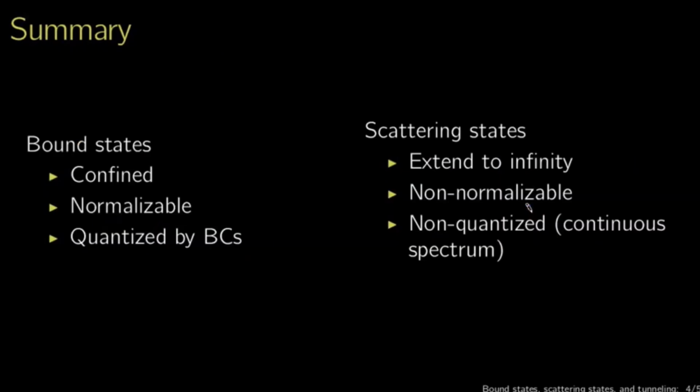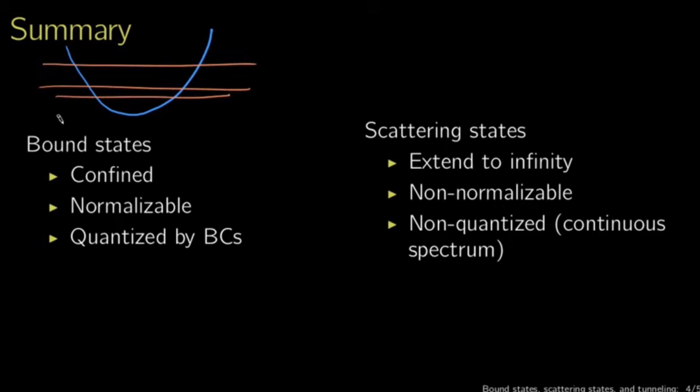But just briefly to summarize those two sorts of states, for potentials that look something like this, like the harmonic oscillator potential, we have energy levels that result in states that cannot exist in certain regions.